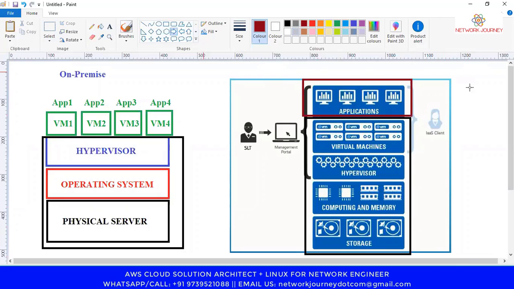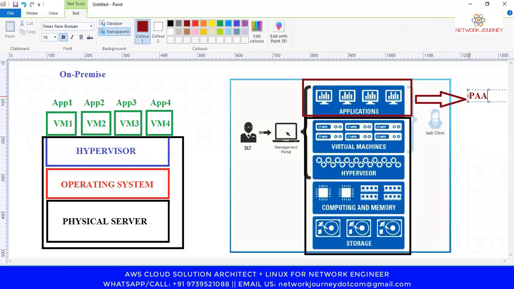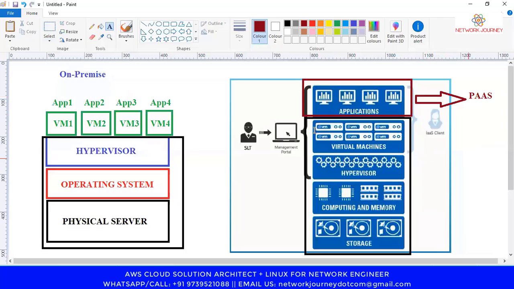If it is infrastructure as a service, I can say this is infrastructure as a service, which means you need to build your own virtual machines, virtual networking, and virtual storage. On top of that, you can build your application. So here the developer will be there, the tech support team will be there, the Windows administrator, Linux administrator, and infrastructure team will be there, and developers also will be there.